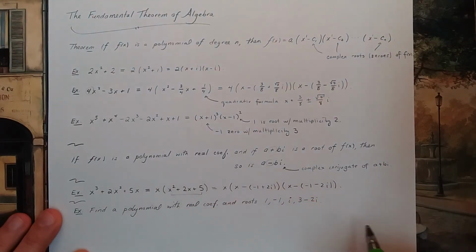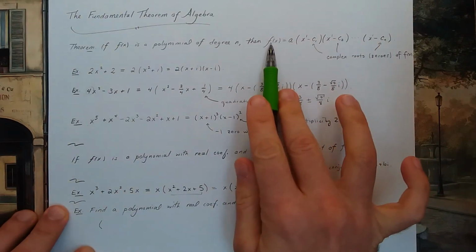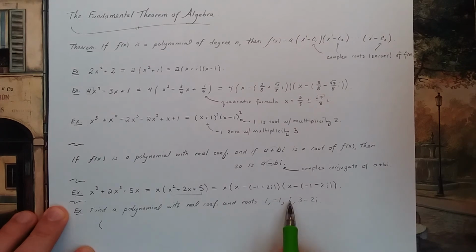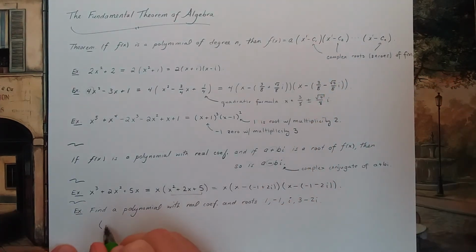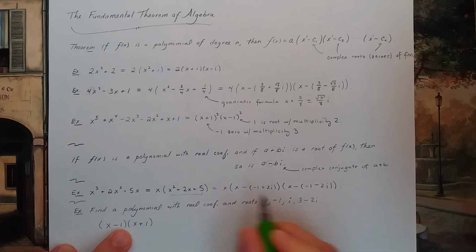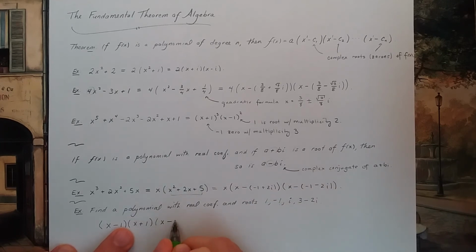So the easy way to do this problem is by just writing your polynomial in this form. I'm telling you information about the complex roots. So one of the terms must be x minus 1. Another term, x plus 1. Another term, x minus i.